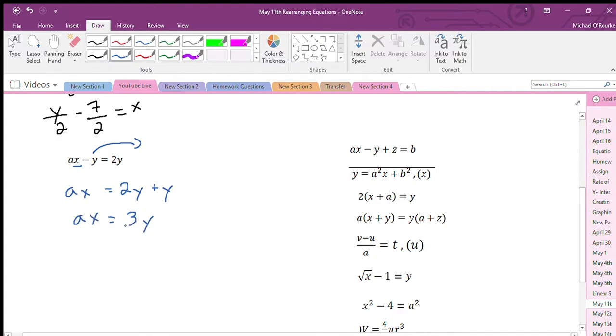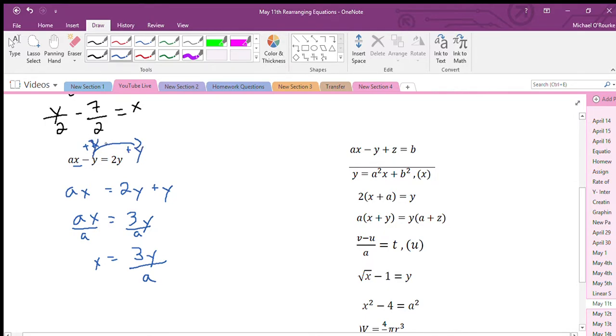Ax. Now we have a multiplication here, a times x, since there's nothing there. So when we move it over, it becomes a divide. So x equals 3y divided by a. You can look at it like this if you wish. Oops, that should be a y there.